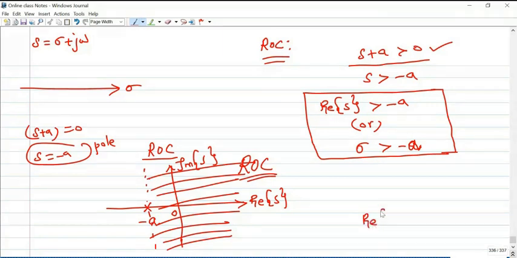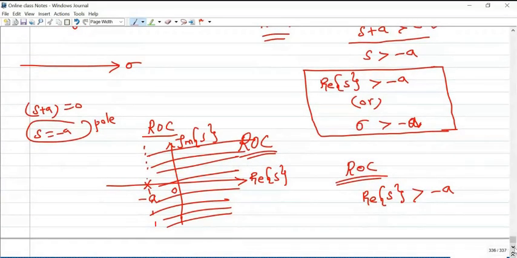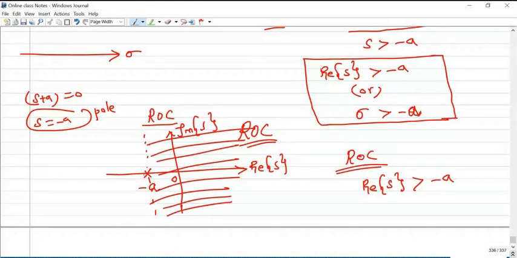This region of convergence is greater than minus a, so you have to mark minus a. I told you how to mark the pole by using the cross symbol. So from this particular point to the entire right side of this minus a, the X of s is valid. Your X of s is valid, 1 divided by s plus a.